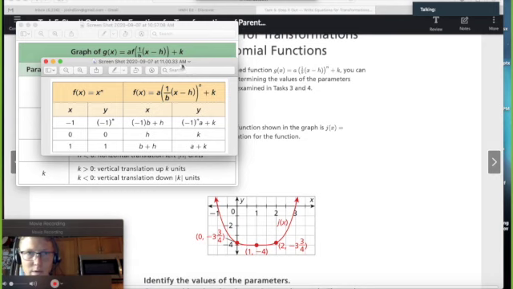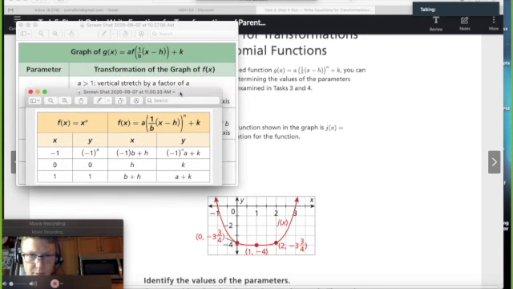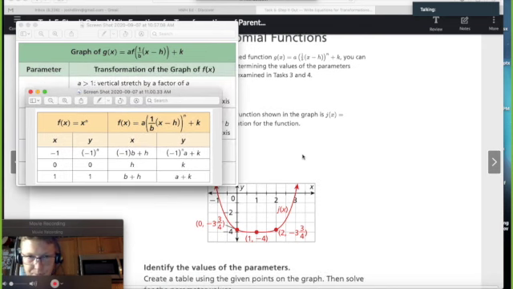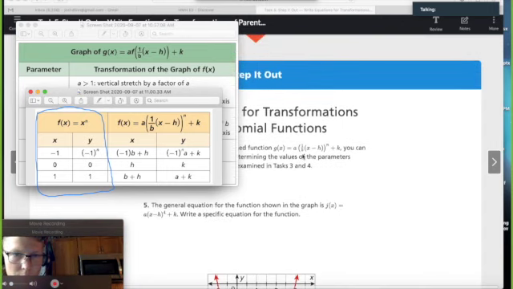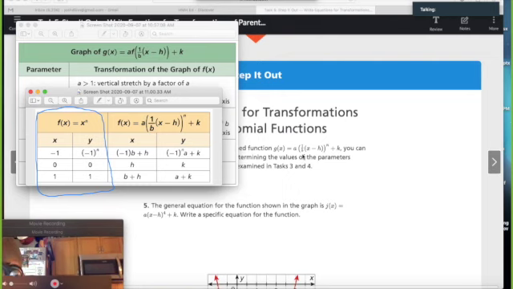So again, if we're using this chart on top, we know this side from our parent function. Our parent function is, they told us, x to the fourth, right? No, I don't remember. Yeah, so they said x to the fourth. So they gave us that.